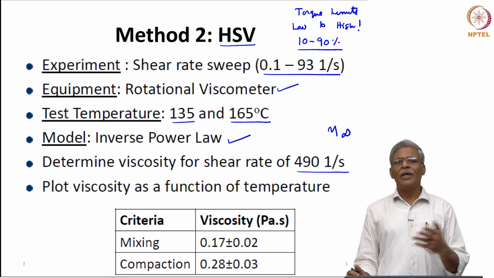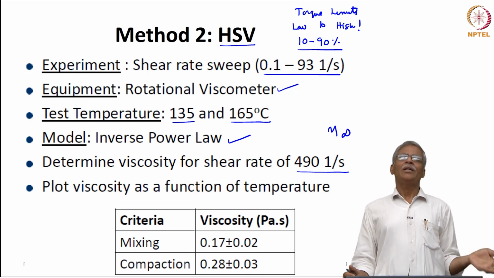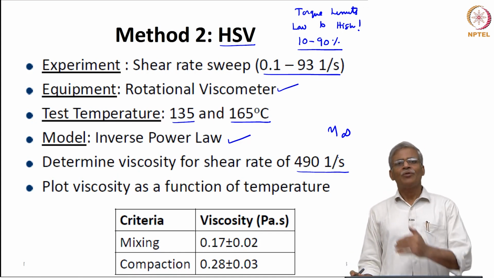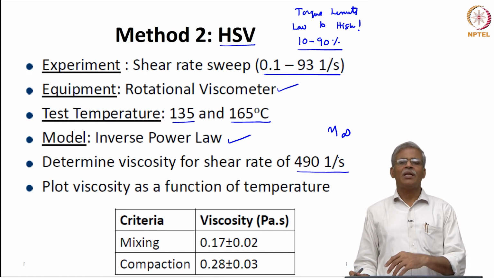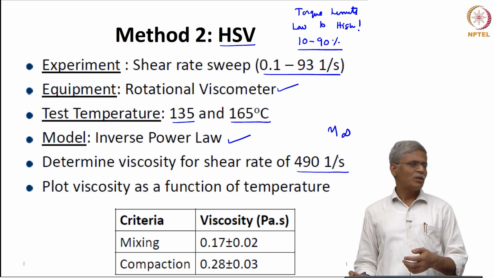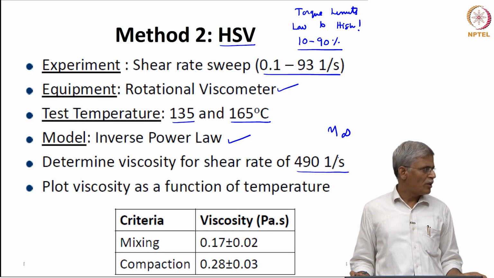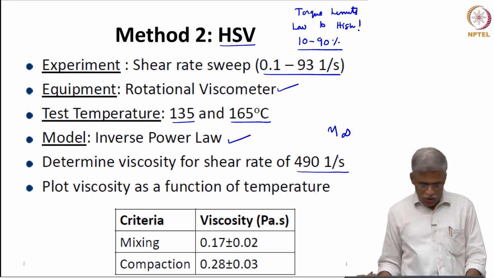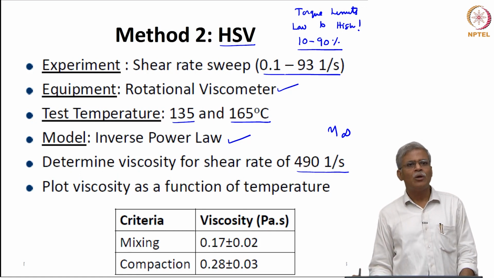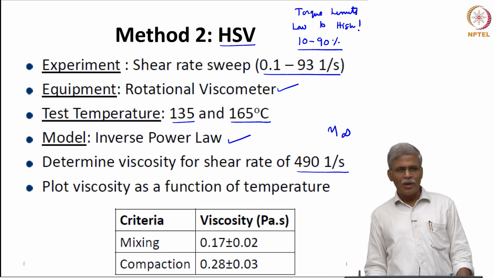Since we are talking about high shear rate viscosity, the high shear rate prescribed here is 490 reciprocal seconds. If it is going to be 490 reciprocal seconds, it is experimentally not possible to measure the viscosity using this particular equipment. So, what we are going to do is the following: we will make measurements from 0.1 to 93 reciprocal seconds and use an inverse power law model.